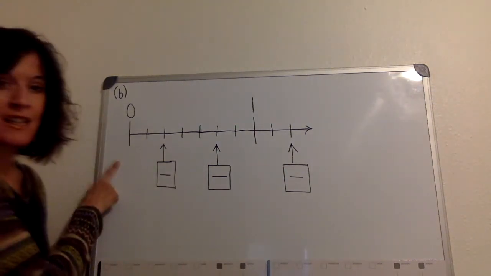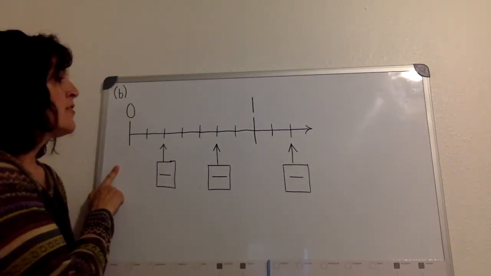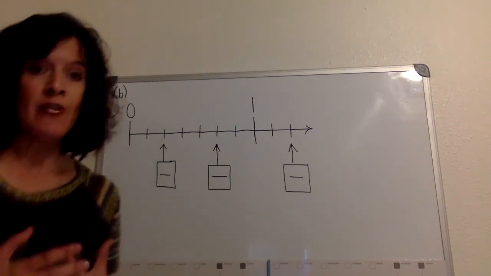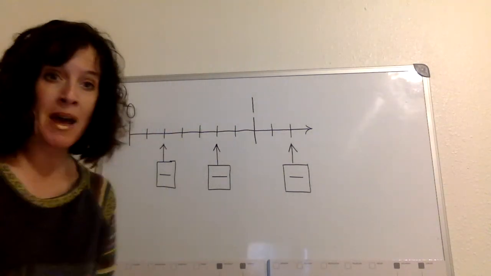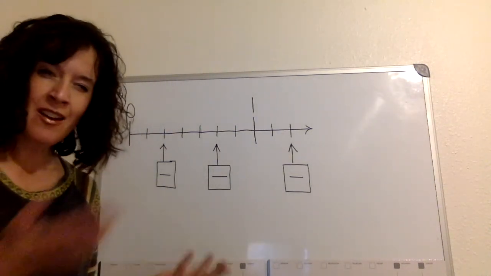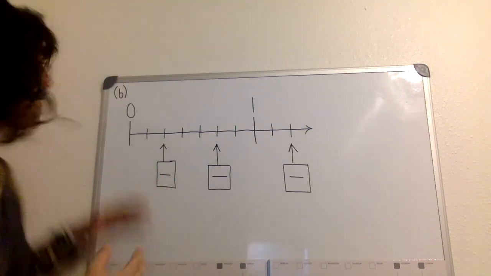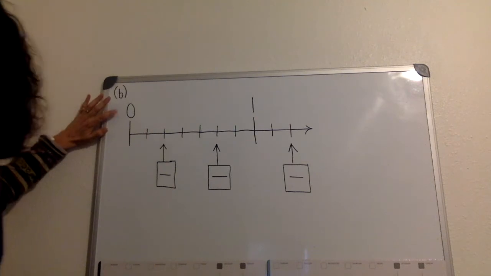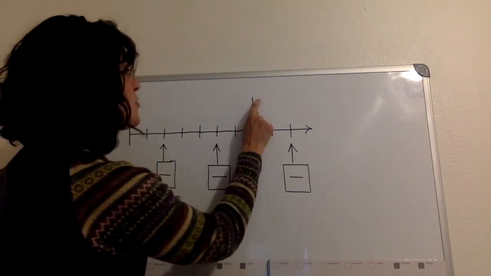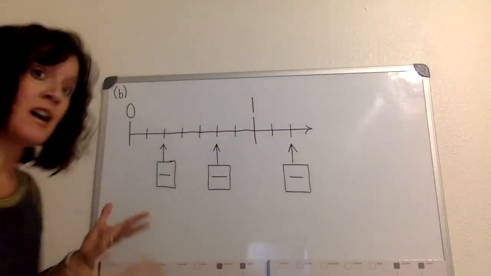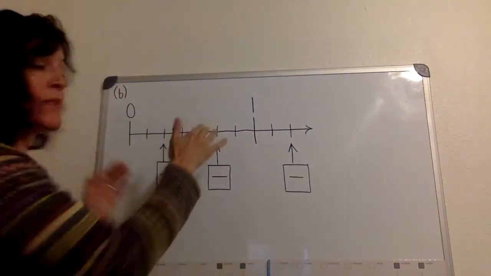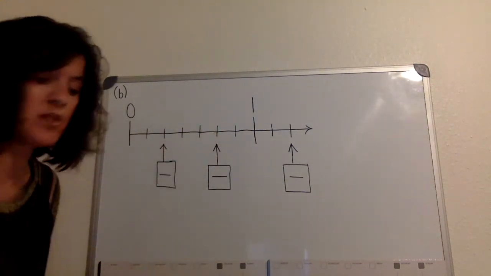Here it is, up on my board. The first thing we're going to do is figure out our denominator, which is the bottom number. How do we do that? Well, figure out how many parts we have all together. Remember, in between 0 and 1 is where we're focused on dividing it up, or how many parts we have in between those two numbers.